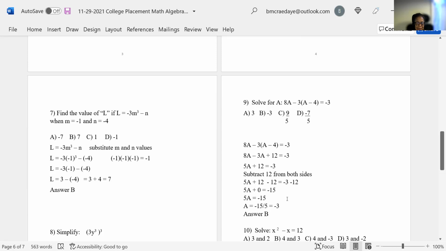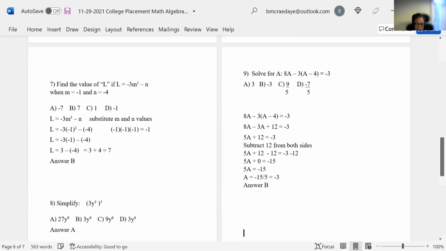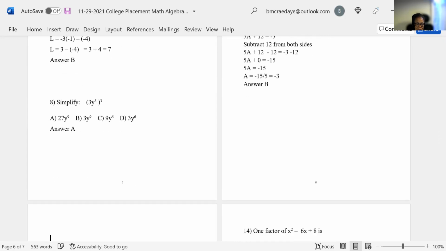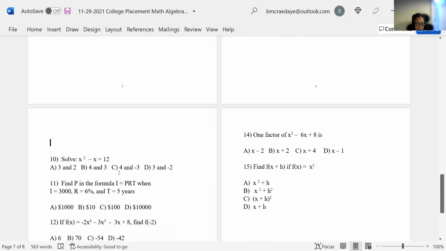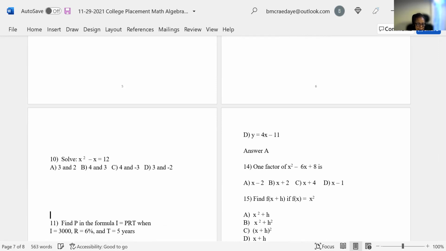Okay, now number 10 is really a quadratic, right? Quadratic equation. How else could we write this to show you it's really a quadratic?